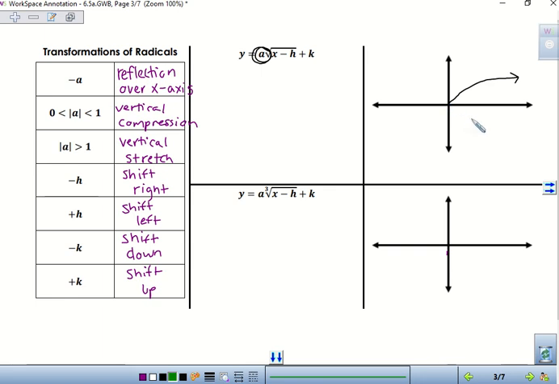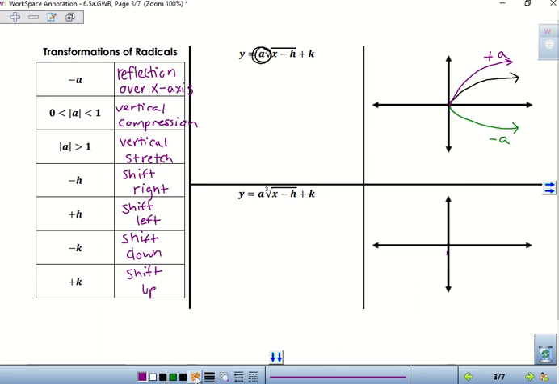Now in the green pen, if my A is negative, it's going to reflect me over the x-axis, okay? If the absolute value of my A is bigger than 1, it's going to stretch it out. It's going to get taller, right? So this is if my A is bigger than 1.